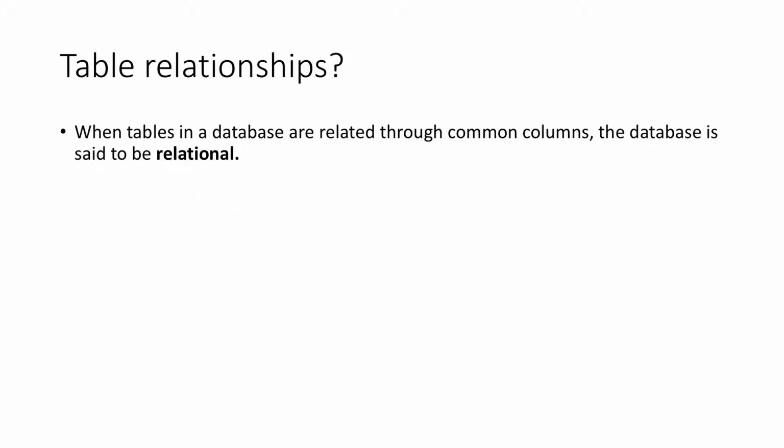Okay, so we know we have tables, and tables exist within a database. Now, when tables in a database are related through common columns, the database is said to be relational. These tables can be related directly or indirectly, and this is an example. This is our sales metric table. Again, we have store number, item number, and sales date, which identify a point in time, which make up the index, right? So we have sales and quantity.